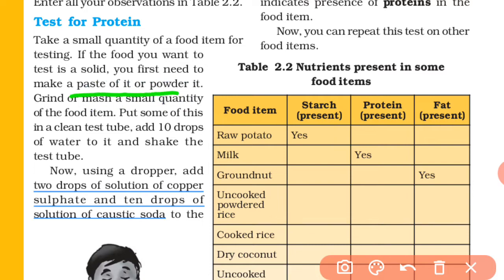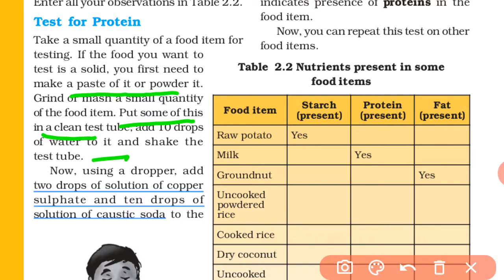For example, if you are checking the protein in groundnuts, you have to make a paste or powder of it. You can grind them. Then put some of this in a clean test tube, add 10 drops of water to it and shake the test tube well.